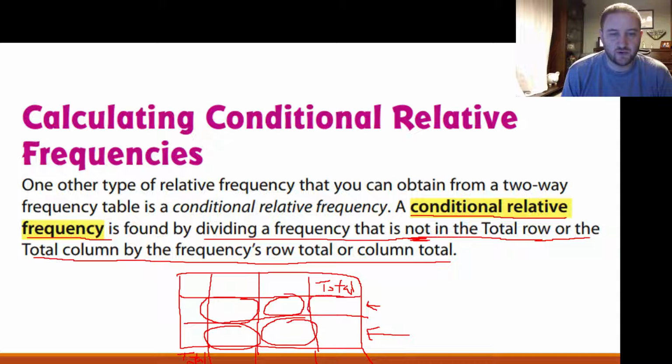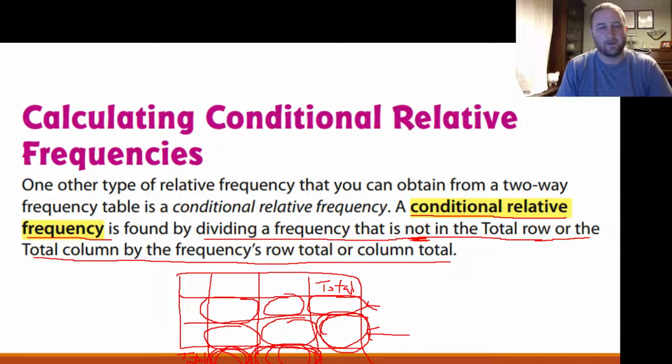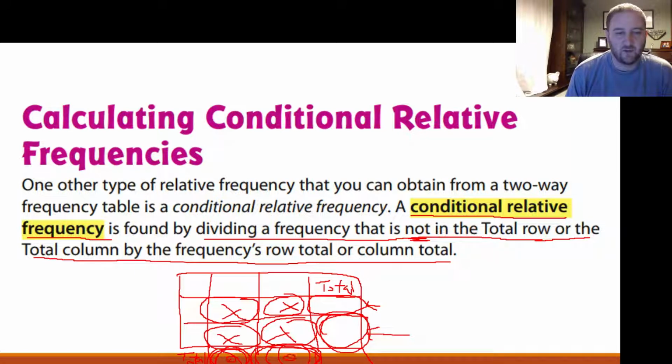This is a total row, this is a total row, this is a total column, this is a column total right here. So you take one of these and divide it by one of these. That's how you find a conditional relative frequency.